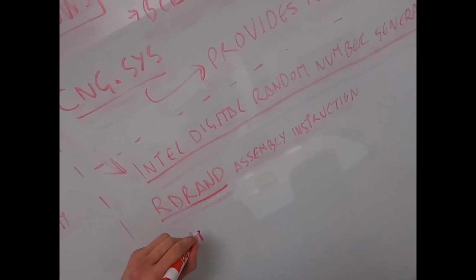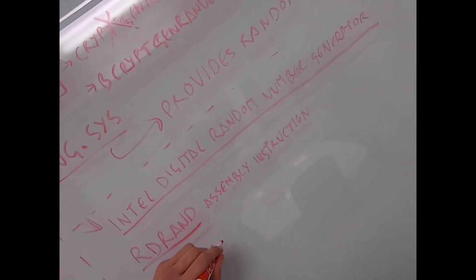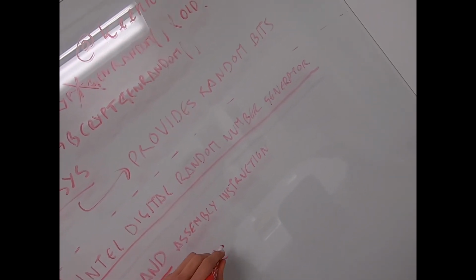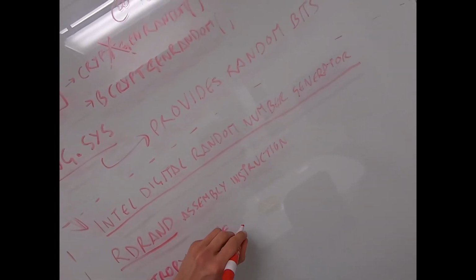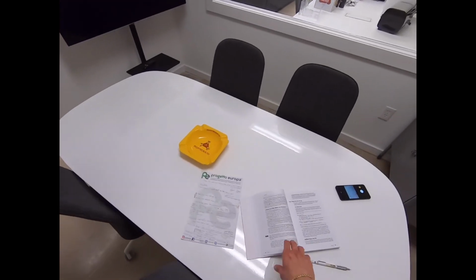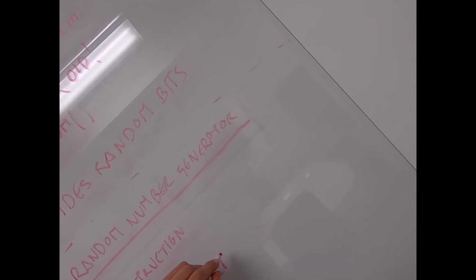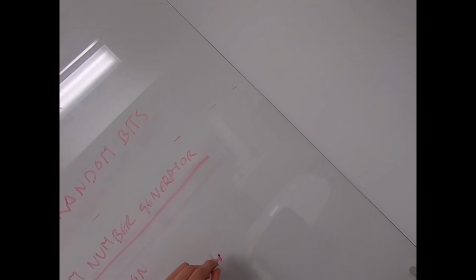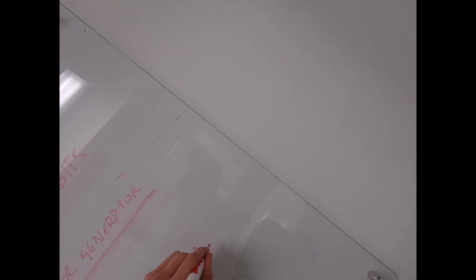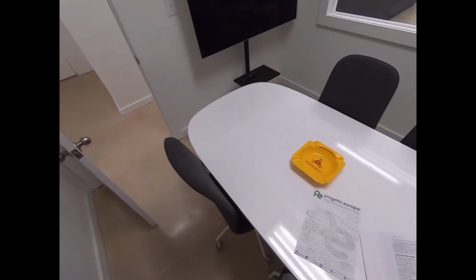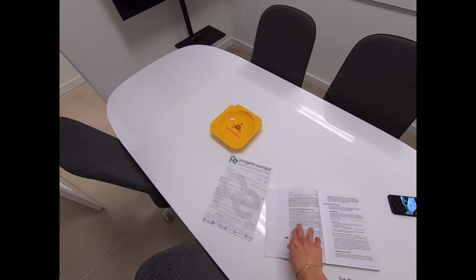So the entropy source is a dual differential jump latch.